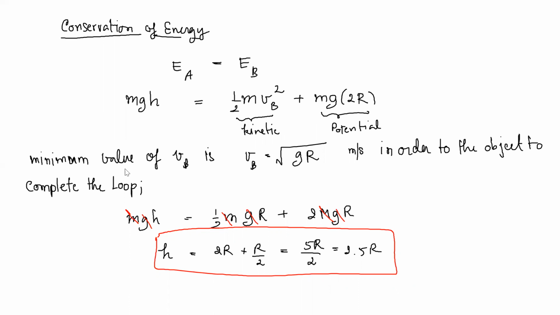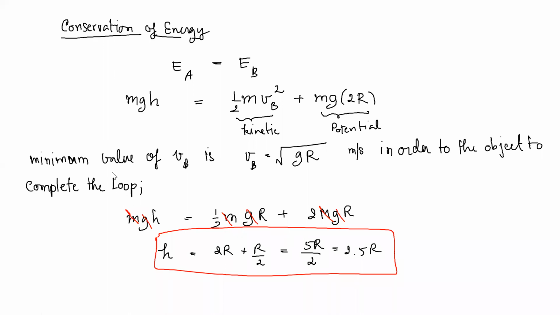Now the minimum value of v_B is the square root of gr, so v_B squared is gr in order to complete the loop. So we have mgh equal to 1/2 mgr plus 2mgr. m and g cancel, so you have h equal to 2r plus r over 2. So it is 5r over 2, or 2.5 r.